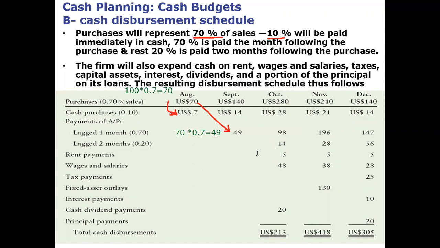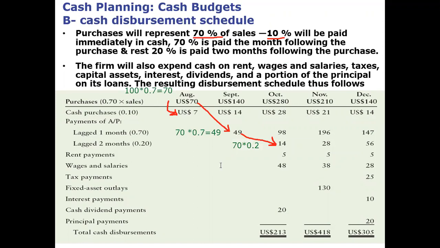Okay, and what about 1 month later? I have to go for the October, and this October means 70 times 0.2. So basically it will be the 14 that you see here.